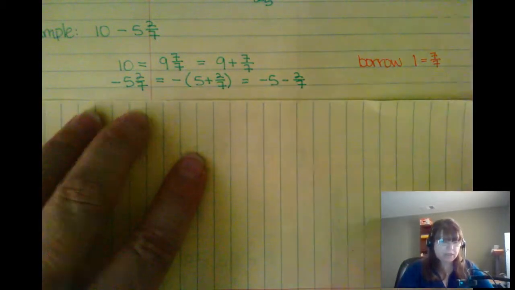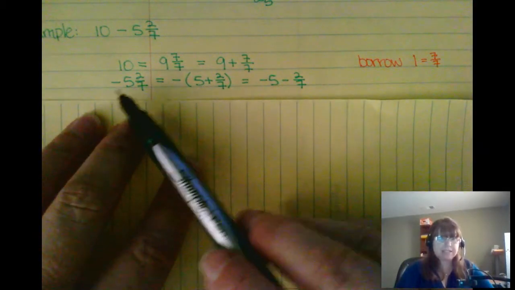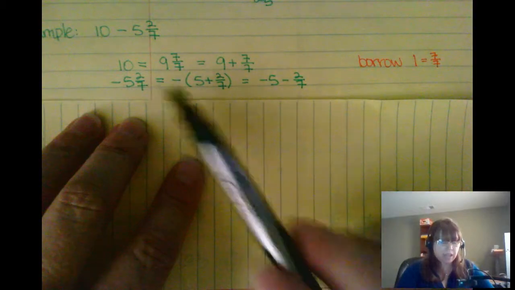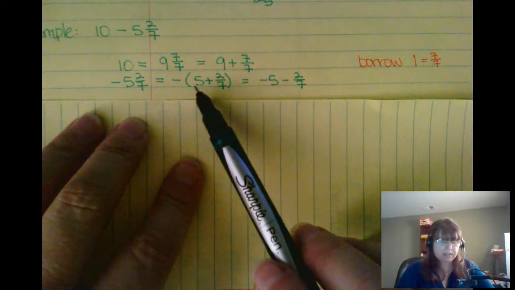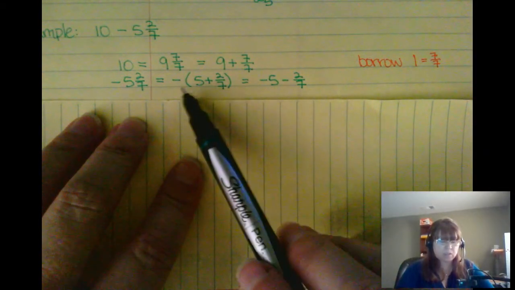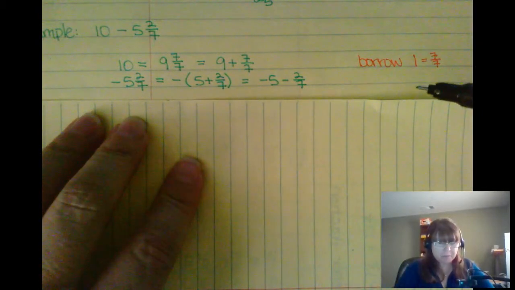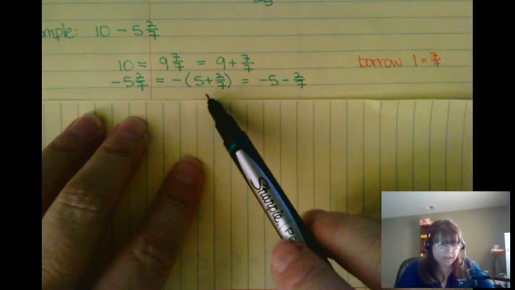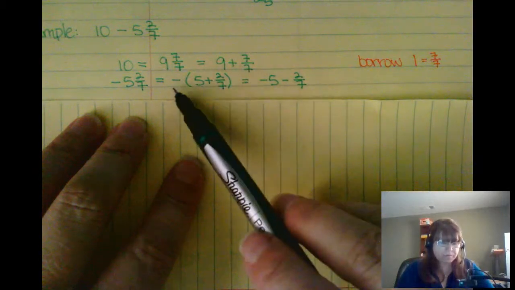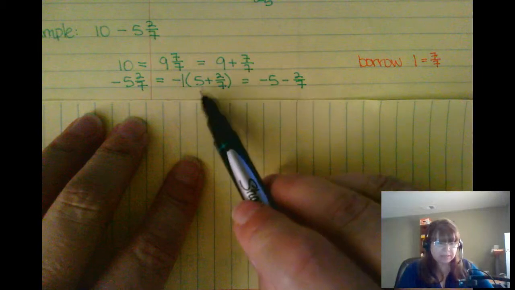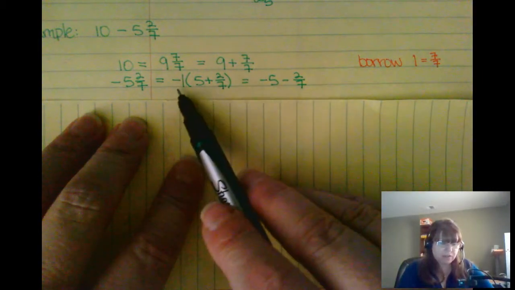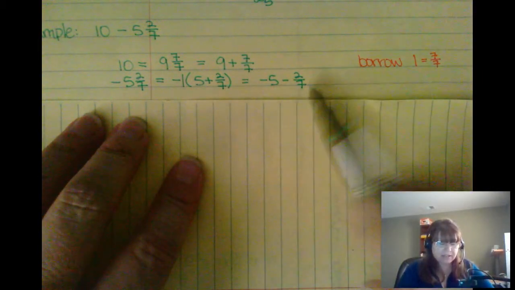Now again, with the minus 5 2/7, I need to distribute the minus to the 5 as well as the 2/7. So negative implied 1. Negative 1 times 5 is negative 5. Negative 1 times 2/7 is negative 2/7.